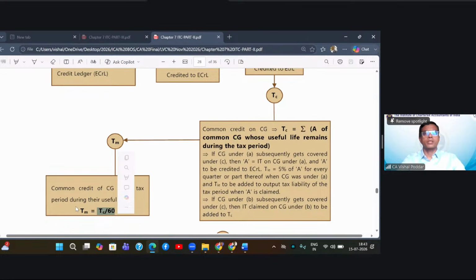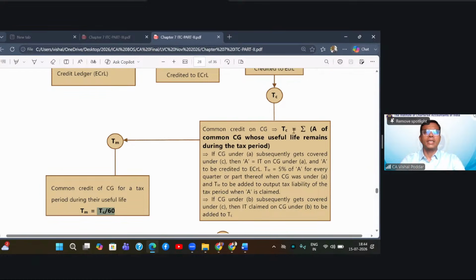Now, whatever is the total credit, total means summation of all those credits where you have common capital goods. So whatever are common capital goods, see, you may be having multiple capital goods which are in this common category. So for all the common capital goods, you will first combine them, you'll add them up, because we need not do separate calculation, you can do it combined.